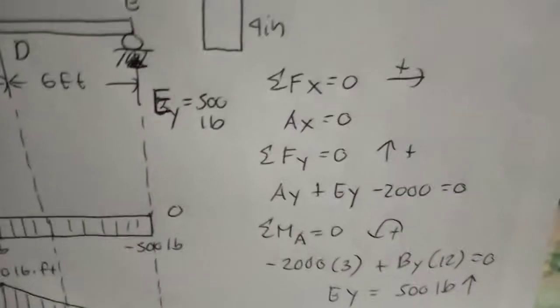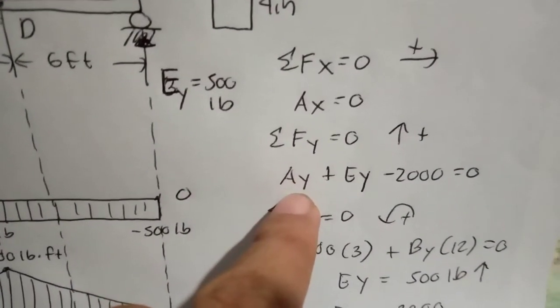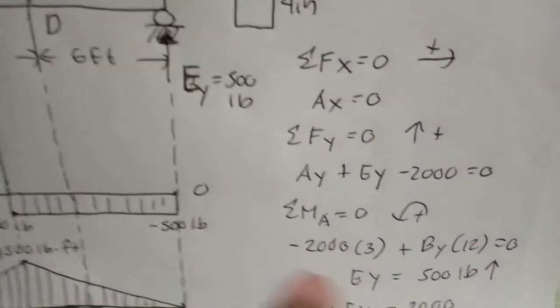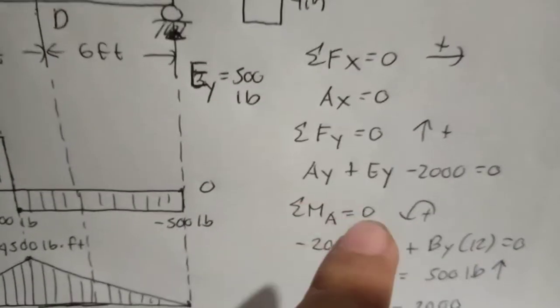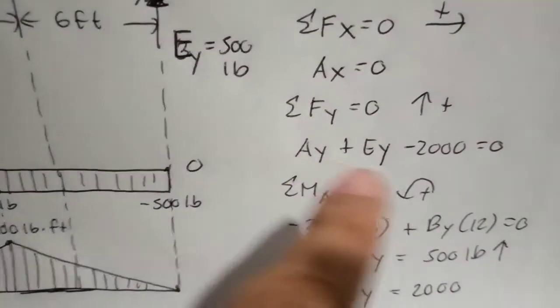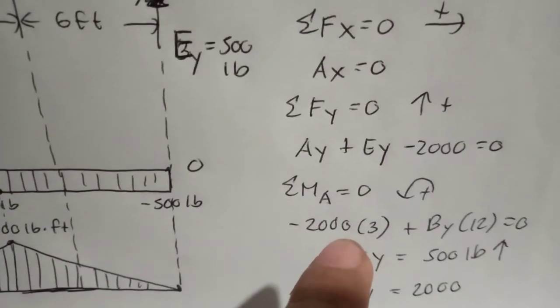Since we have not computed AY and EY yet, we need to find the value of either of them. So we sum up moments equal to 0 at point A.